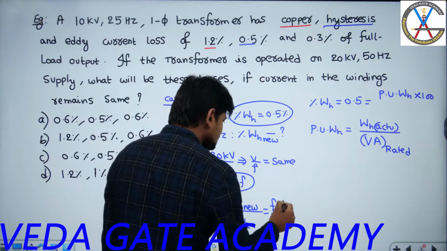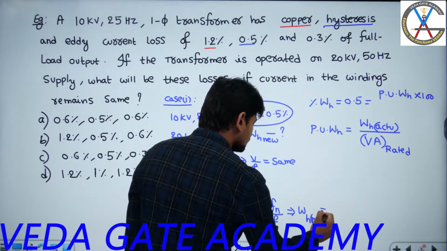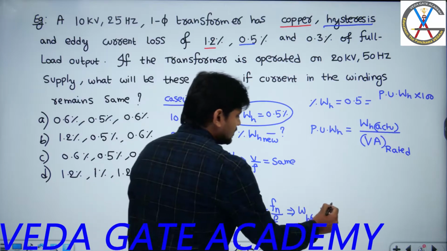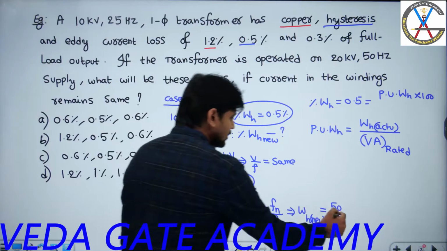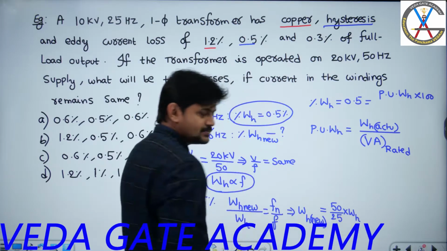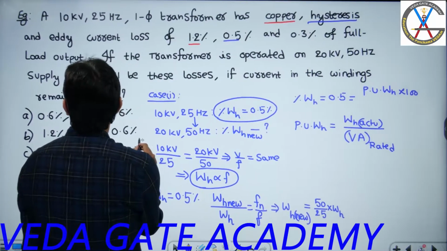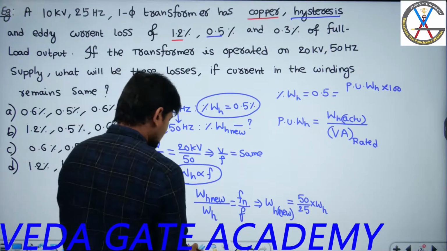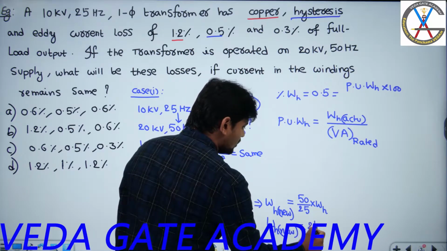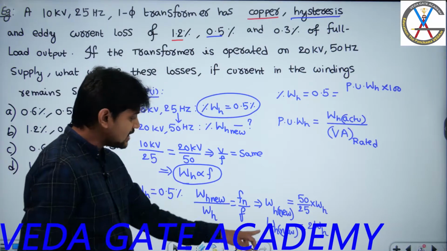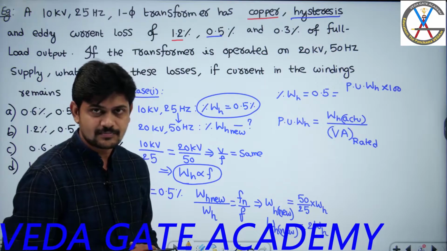So the new hysteresis losses will be new frequency 50 divided by old frequency 25, that is 2 times the old hysteresis losses. These are actual values, not per unit values. These formulas are applicable only for actual quantities.